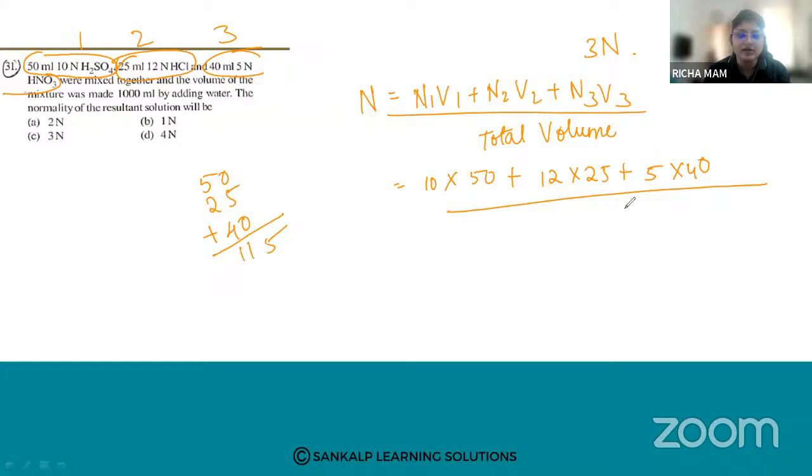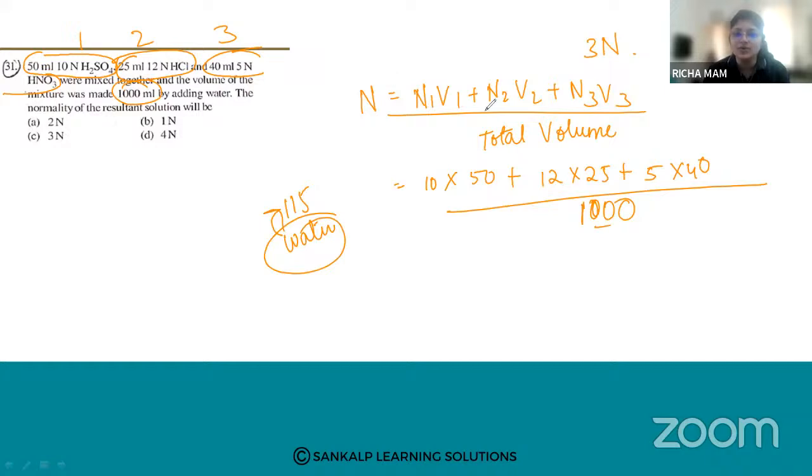So the total volume of the solution is 115. It is said here that the total volume of the solution was made 1000 by adding water. So to that solution, the remaining was water added, so it becomes 1000.